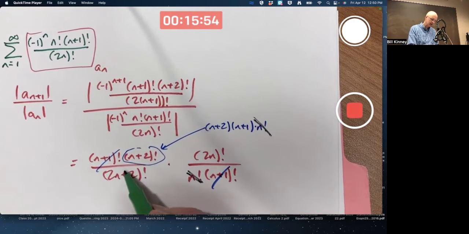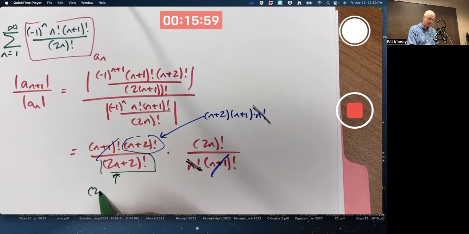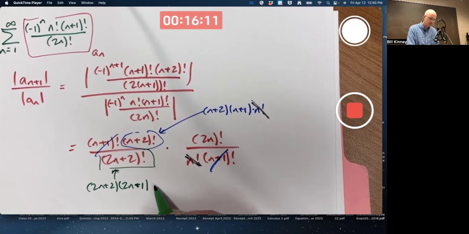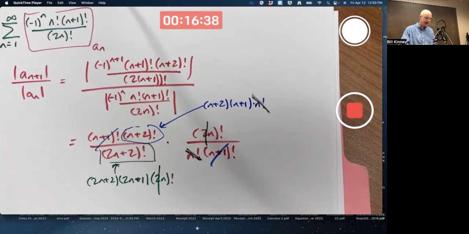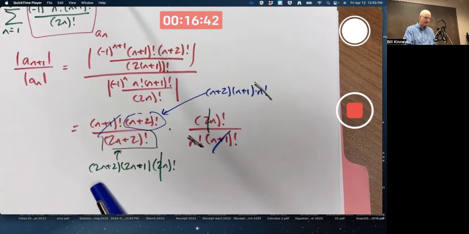Likewise, you can do something similar with this. That's the same as 2n plus 2 times 2n plus 1 times 2n times 2n minus 1 times 2n minus 2. In other words, times 2n factorial. And this will cancel with this. Is there anything that didn't cancel? Yeah. The n plus 2 times n plus 1 up top, and the 2n plus 2 times 2n plus 1 on the bottom.